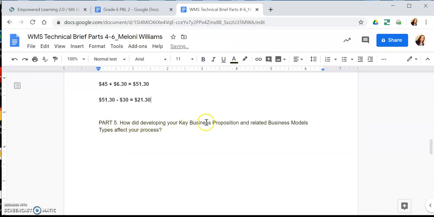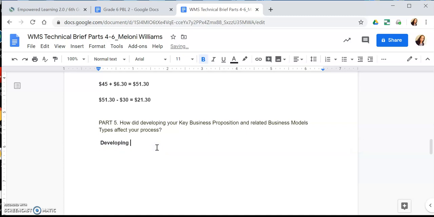How did developing your key business proposition and related business model type affect your process? So let's see. We always want to answer our questions in a complete sentence.